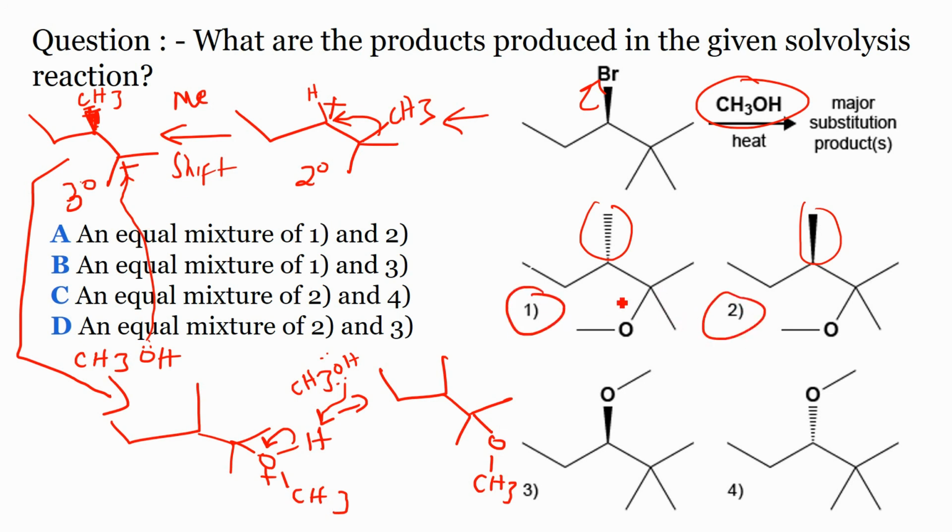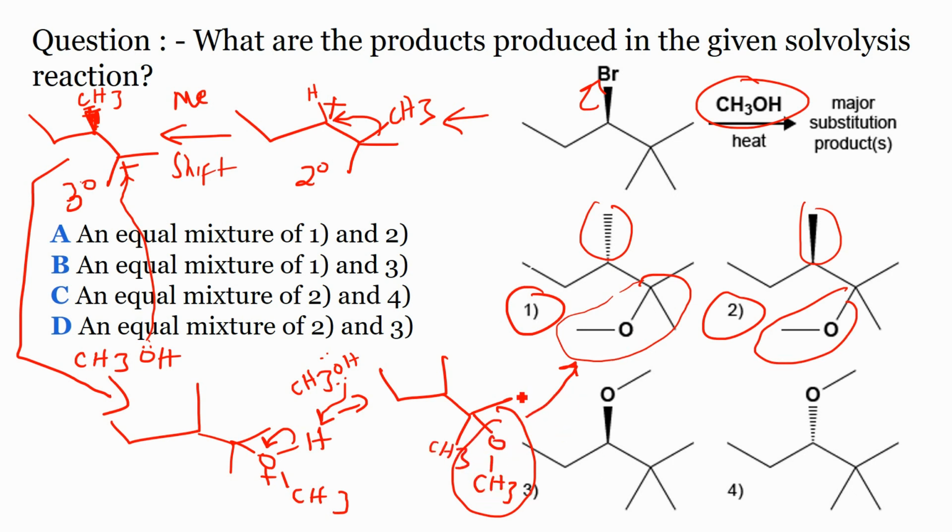The key point for you guys is to know where the methyl eventually ended. This is the product. That's the methanol right there. And this is the methanol attached to the carbon with the 2 CH3s. So the answer here is 1 and 2, which is A. The only difference in this case is how we are getting the chirality.